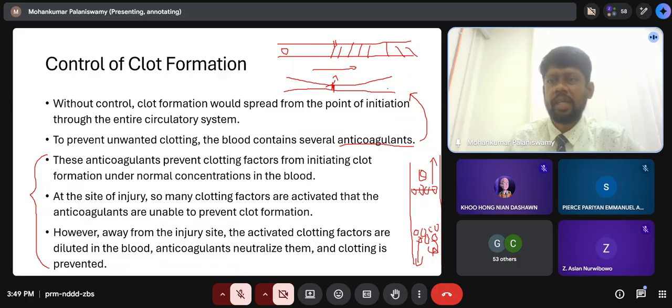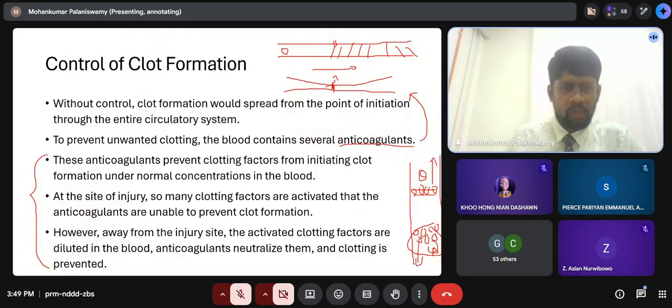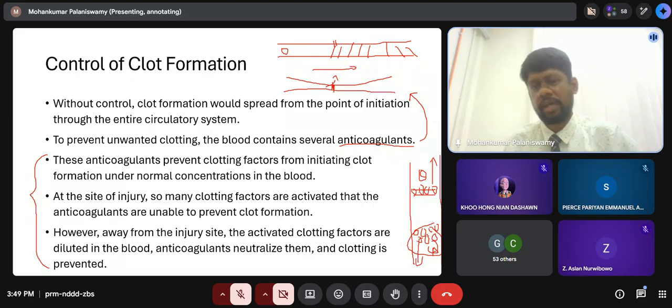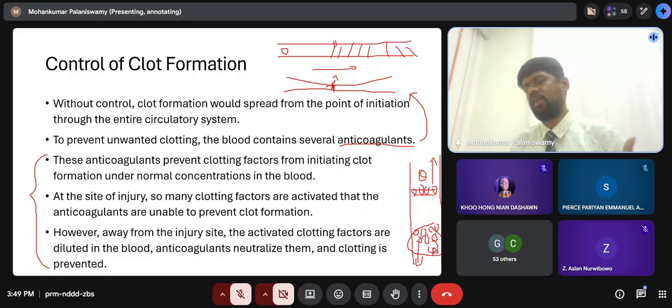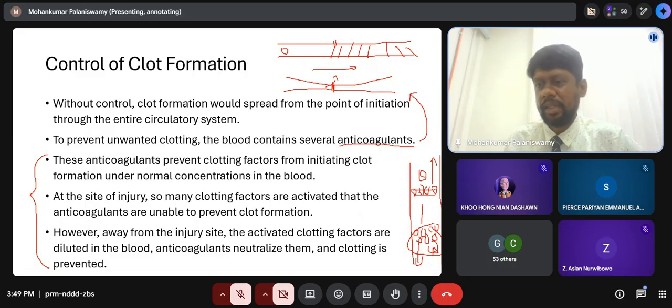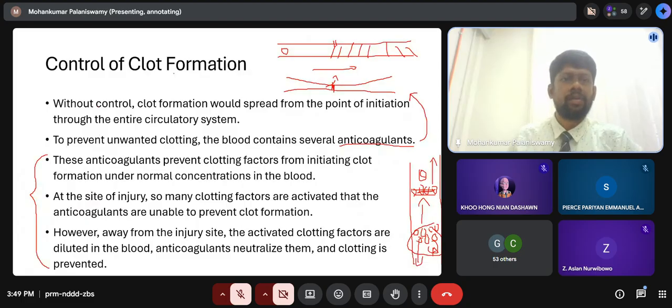However, away from the site of injury, the activated clotting factors are diluted in the blood, anticoagulants neutralize them, and the clotting is prevented. So you call for help, your friends come and fight for you, and they neutralize these four people. That's it. So this is how the clot formation is kept under control.